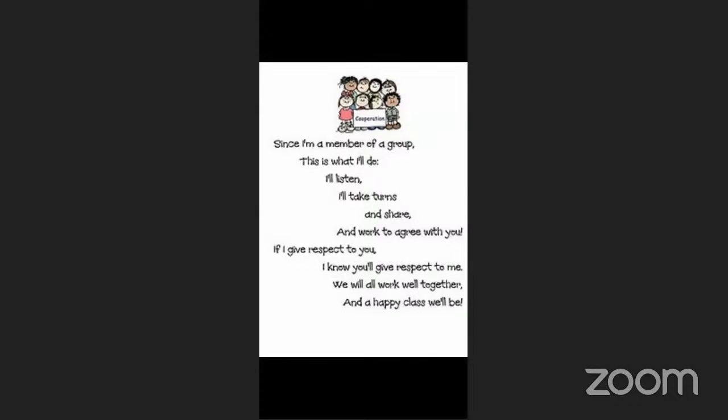I'll help you with the first one. Look at the first line. Since I'm a member of a group, yes, there is a shortened form: I'm. The very first one that we learned in the song. What is the full form of it?